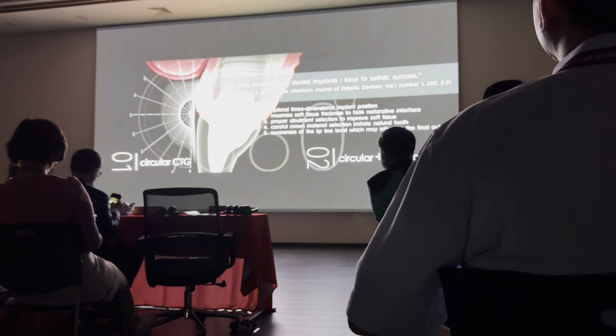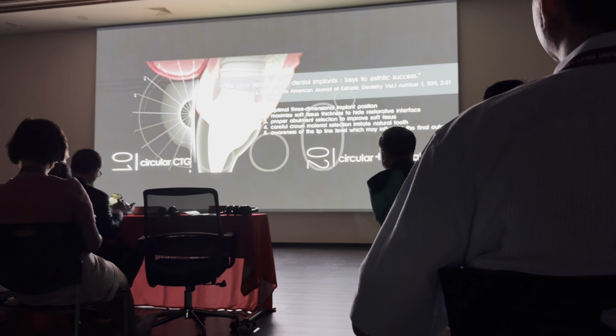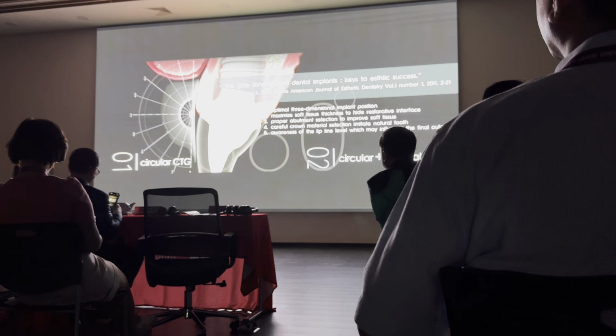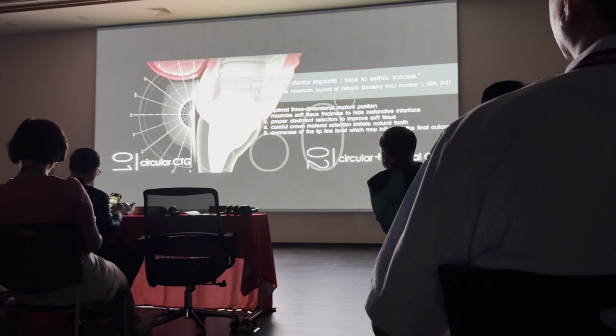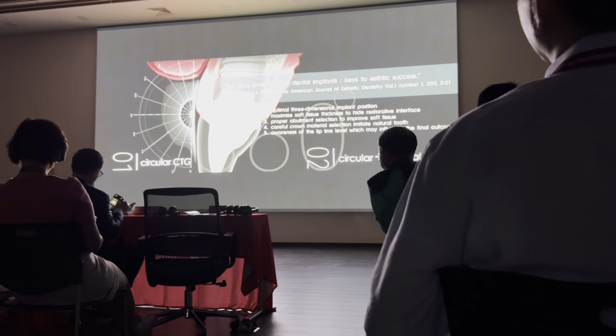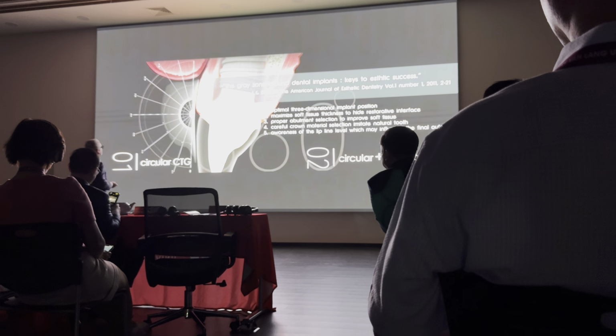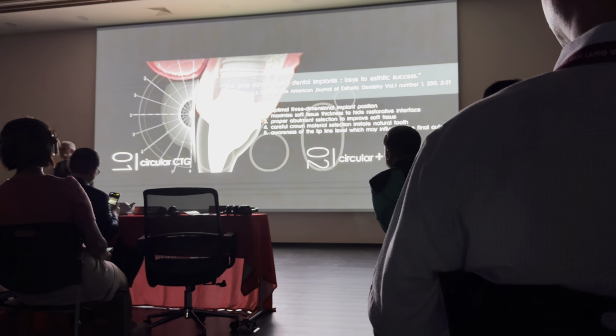As soon as you have a dissimilarity of your tissue volume compared to the adjacent tooth, you have a problem. It doesn't matter if you have a zirconia abutment, if you have 3 millimeters of tissue thickness, you have a problem. Okay?